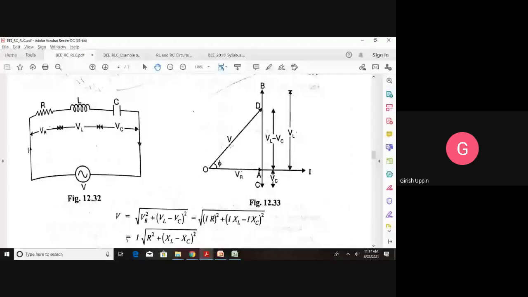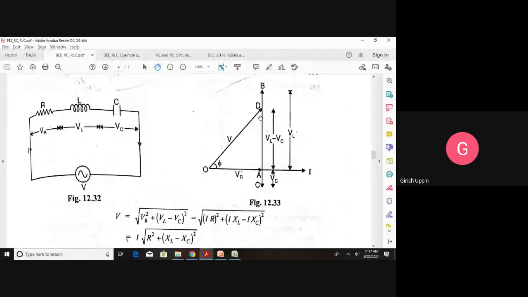This is how the analysis goes, and we can apply the Pythagoras theorem to this triangle OAD. We get V is equal to the square root of VR squared, plus AD, which is VL minus VC, squared.